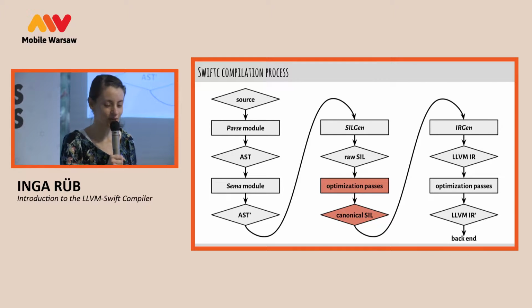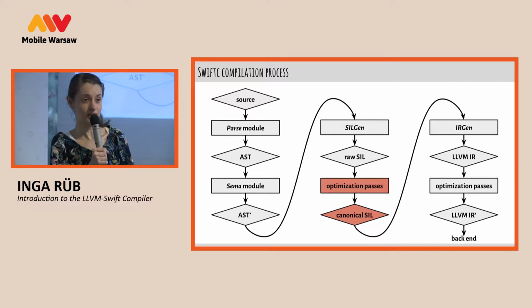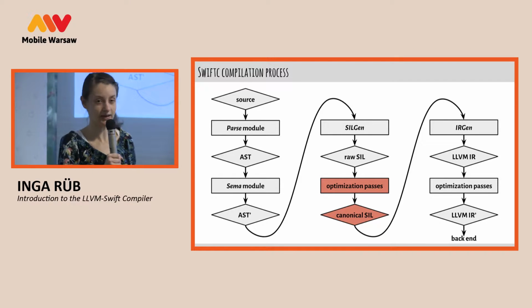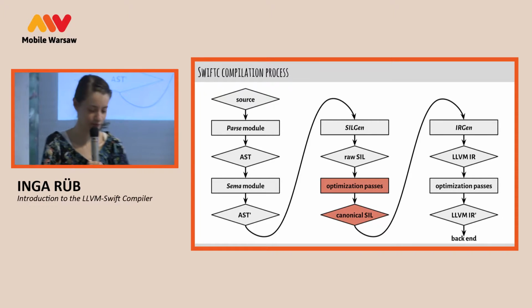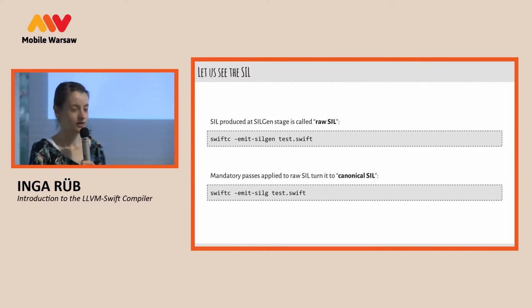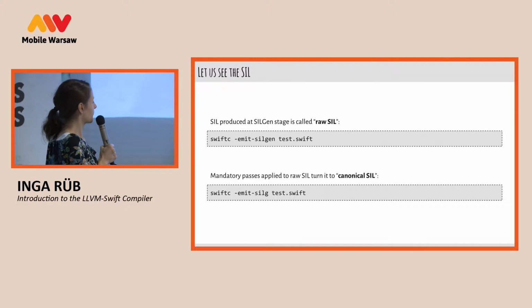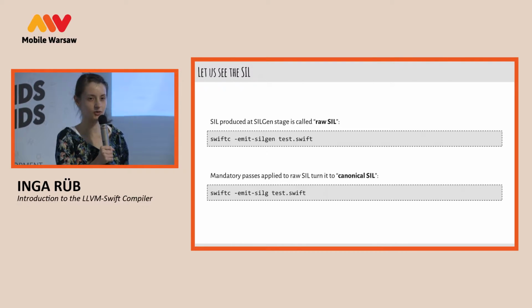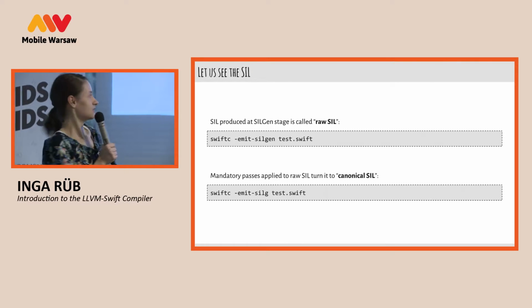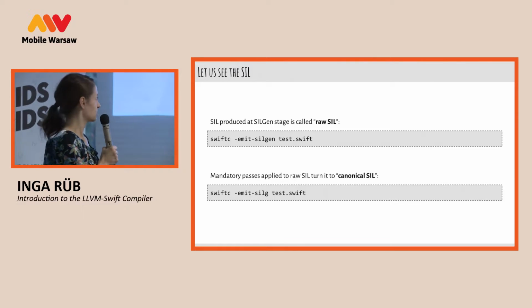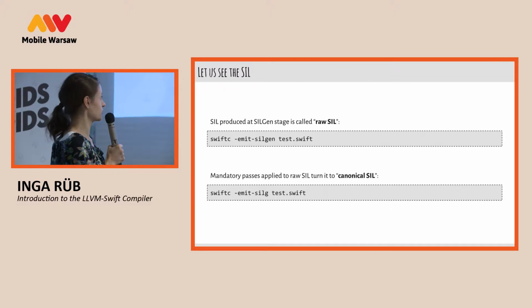The only thing that we have to do is know how to understand SIL. So now that you know a little bit about the architecture, I would like us to move on and finally learn how to read SIL. At first, let me put here some commands that you can put in your command line to get SIL from your application, from the code.